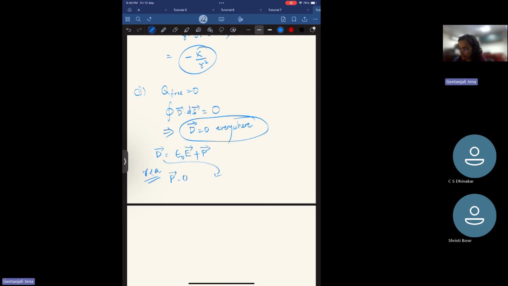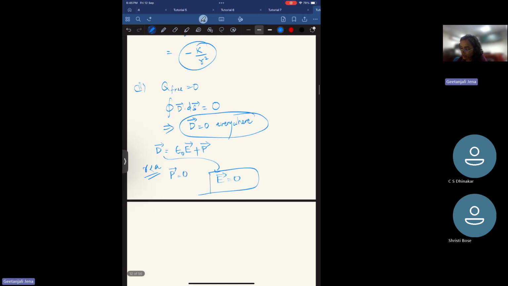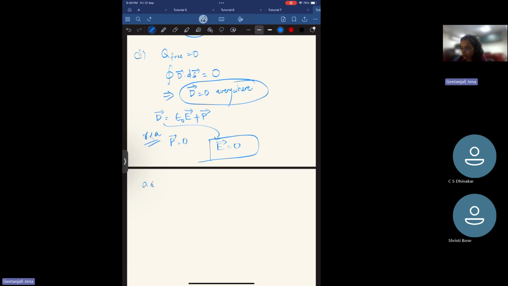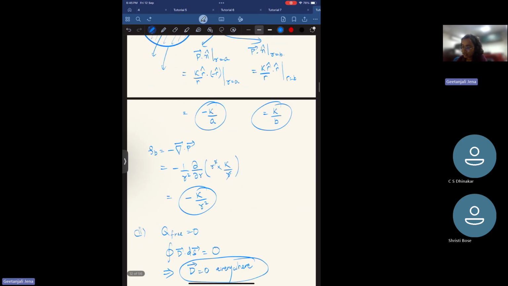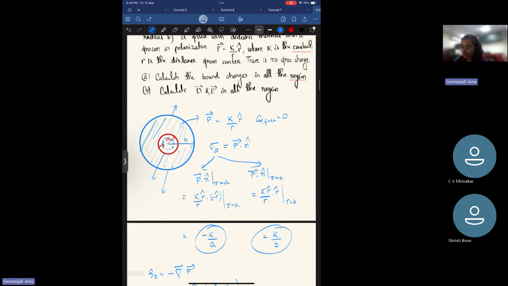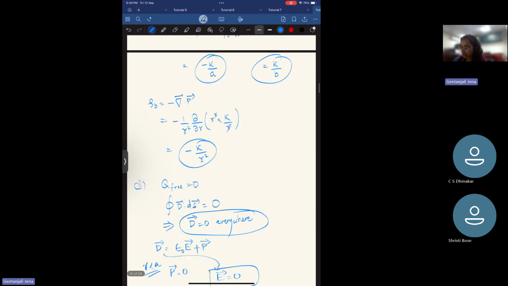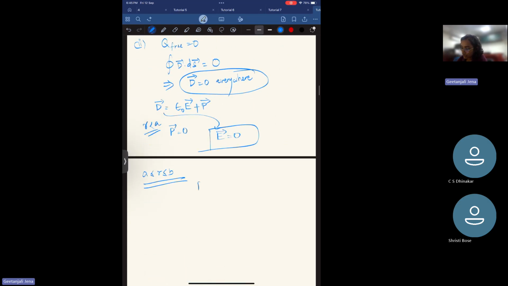So if you put it here, D is already 0, so that means E is 0 for r less than A. For the in-between region, we have a polarization, which is given by K by r. So P is K by r r̂.